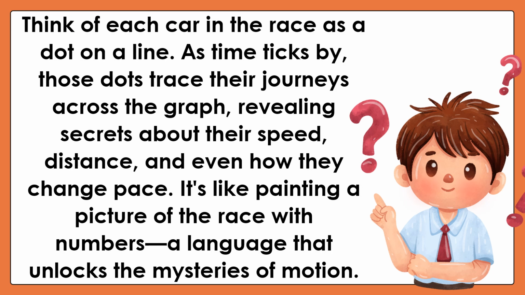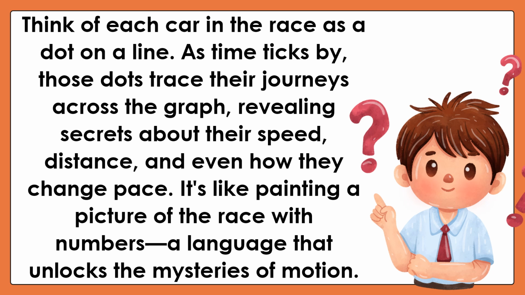Think of each car in the race as a dot on a line. As time ticks by, those dots race their journey across the graphs, revealing secrets about their speed, distance, and even how they change pace.